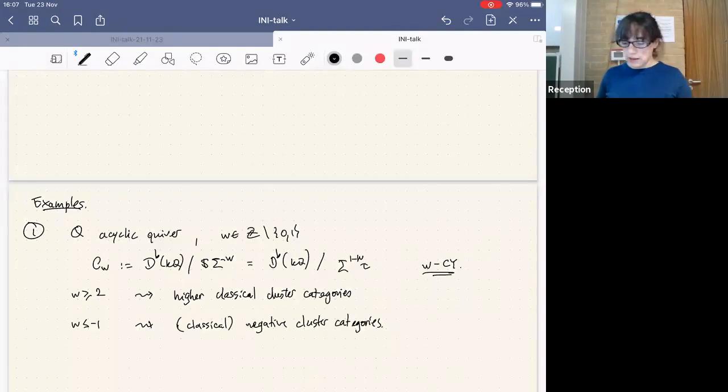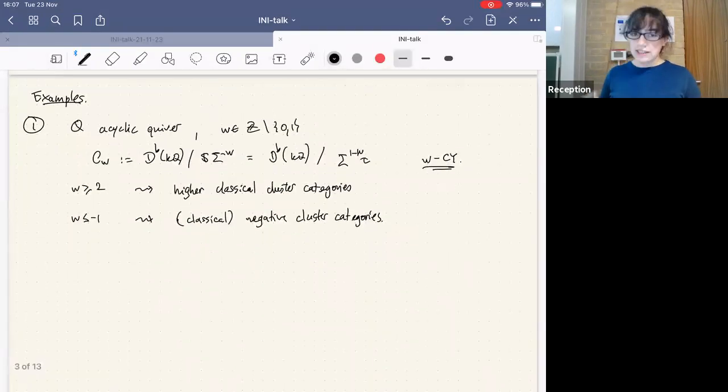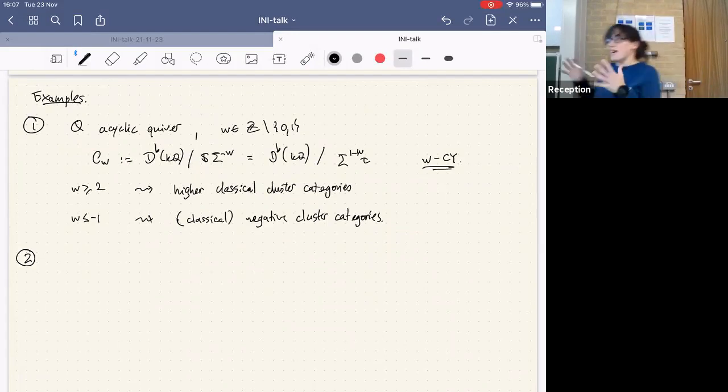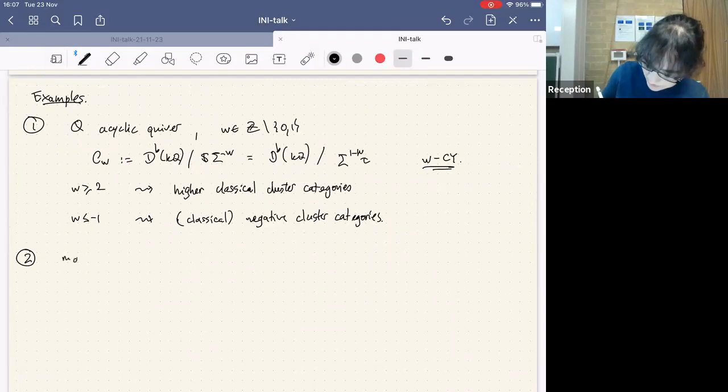Okay, so this is an example, but there is recent interest in negative Calabi-Yau categories, and they appear in nature, say, if you define nature to be, for example, stable module categories of symmetric algebras.